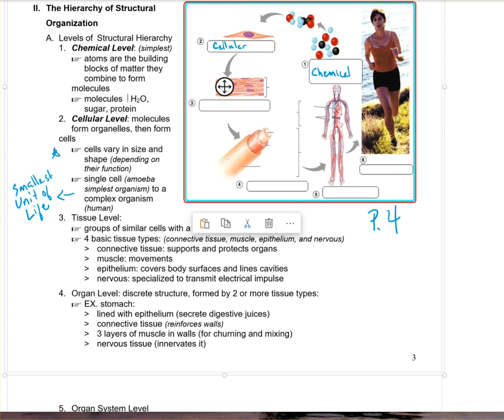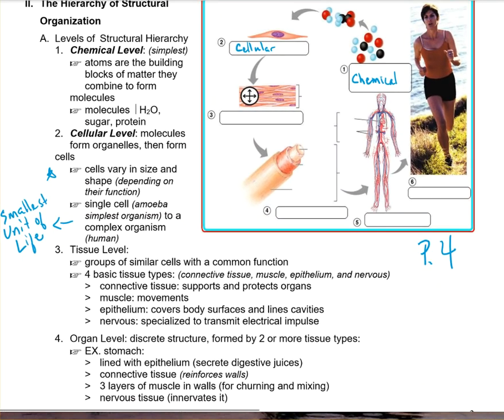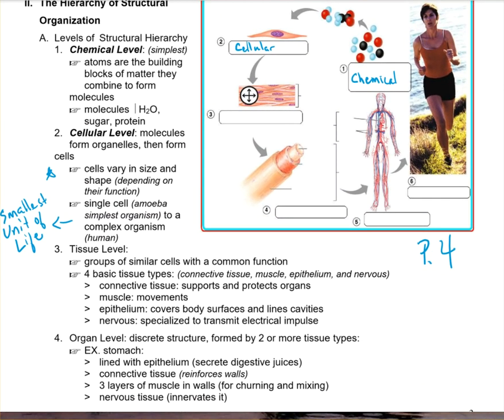However, many organisms are much more complicated and have many more cells, and that's what we're going to look at next. We're taking multiple cells working together with a common function, and that gets us to tissues.